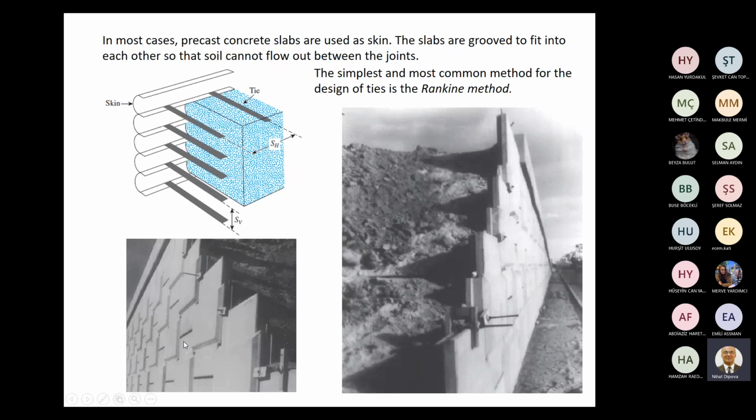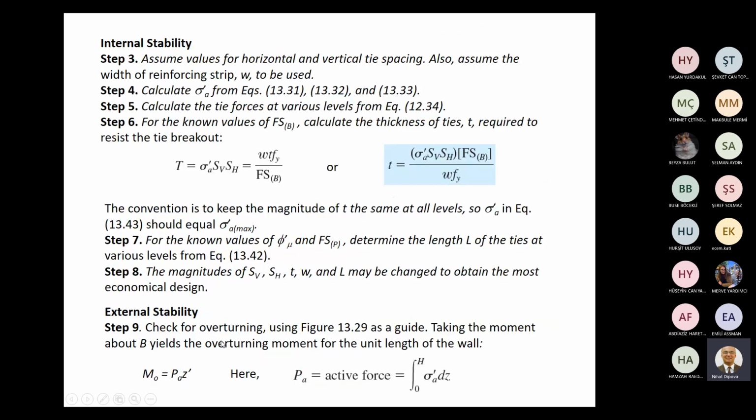the facing elements are prefabricated, and these vertical and horizontal dimensions are constant because they are prefabricated.